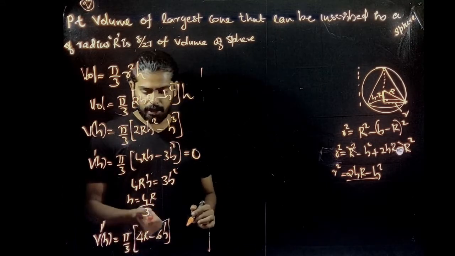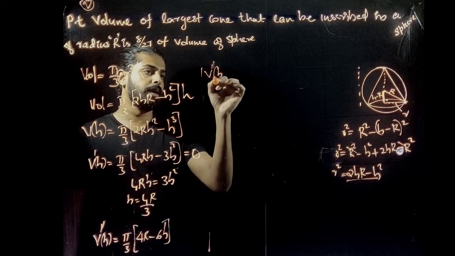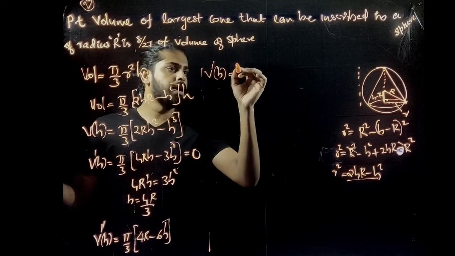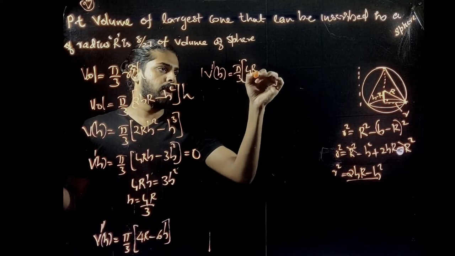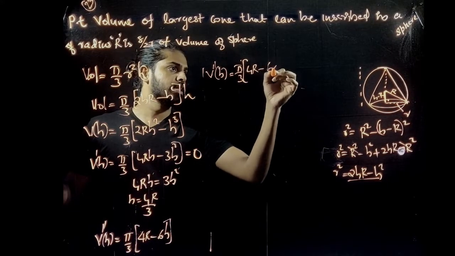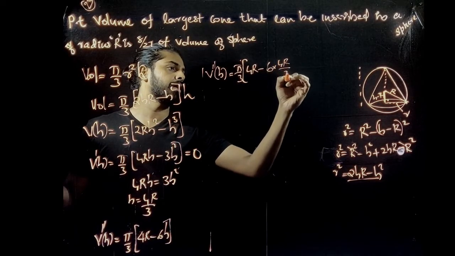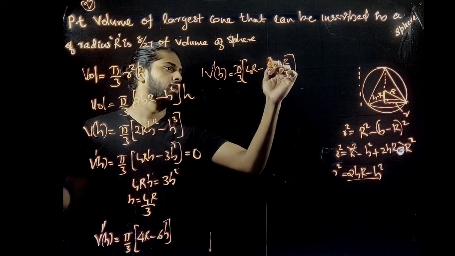So let's substitute h is equal to 4r by 3. So V double dash h will be equal to pi by 3 into 4r minus 6 into this 4r by 3. Cancelling 3 and 6, you will get 2 into 4r, which is 8r.